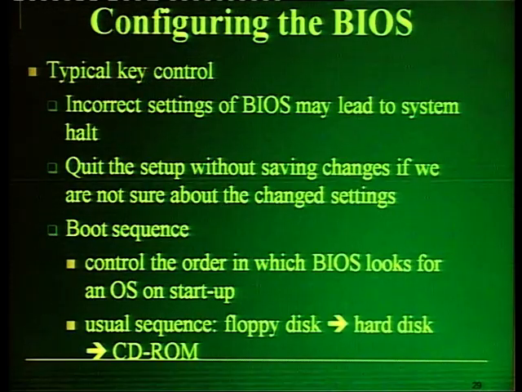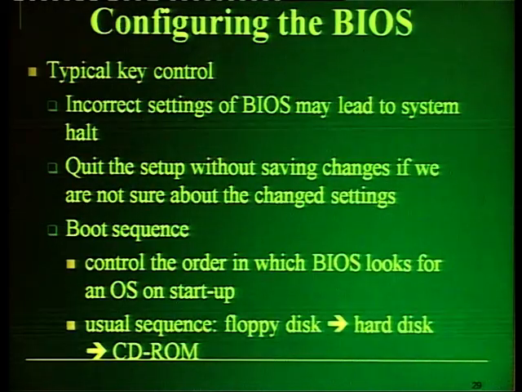Then the boot sequence: in which sequence the control, the operating system, where you have to find it, in what sequence you have to pick it up from memory. The boot sequence controls the order in which the BIOS looks for an operating system on startup. On which memory you have to check for the operating system first, that is called the boot sequence.